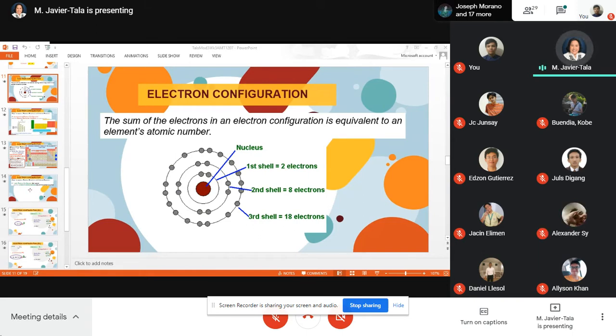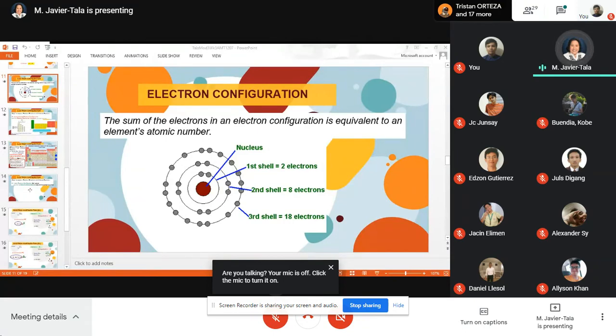So in an electron configuration, class, the sum of the electrons in your electronic configuration is equivalent to the atomic number. That's how you will know that you got the electron configuration correctly. And there are three ways to write your electron configuration.